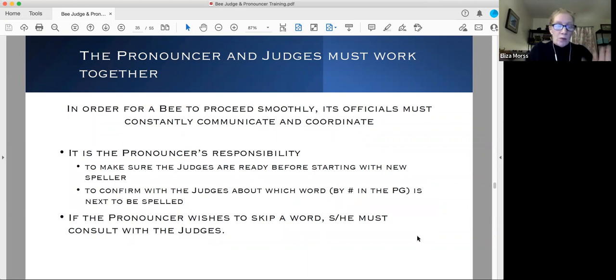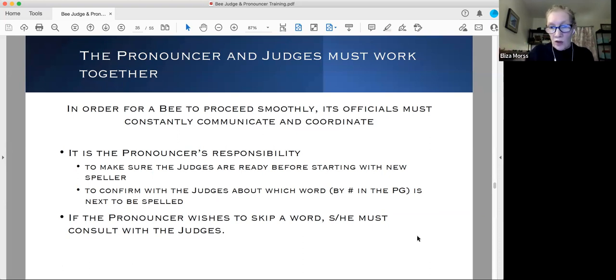You don't just say, okay, speller number 36, off we go. No, look at the judges, make sure they're all ready with their pencils before starting with the new speller, and confirm with the judges which word by number in the pronouncer guide. As you remember, all the pronouncer guide words are by number, what's next to be spelled, so everybody knows what they're looking for.